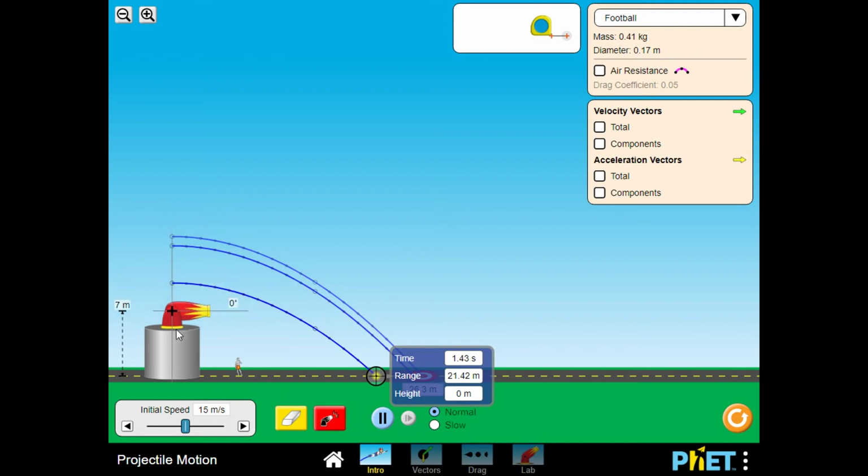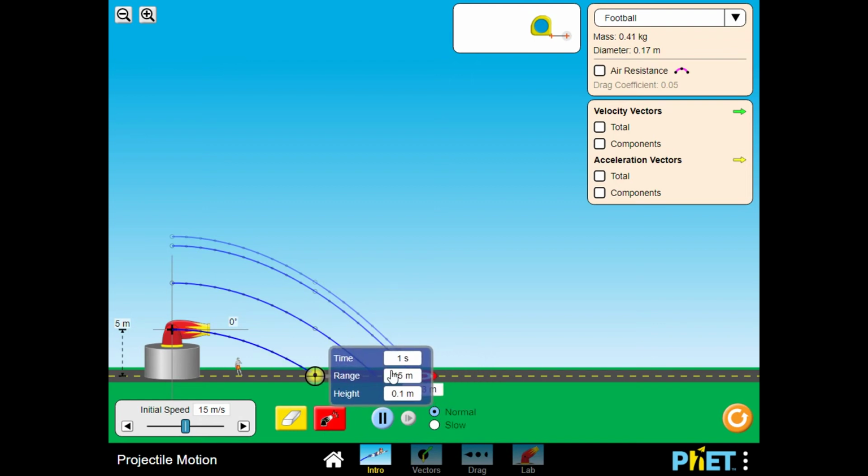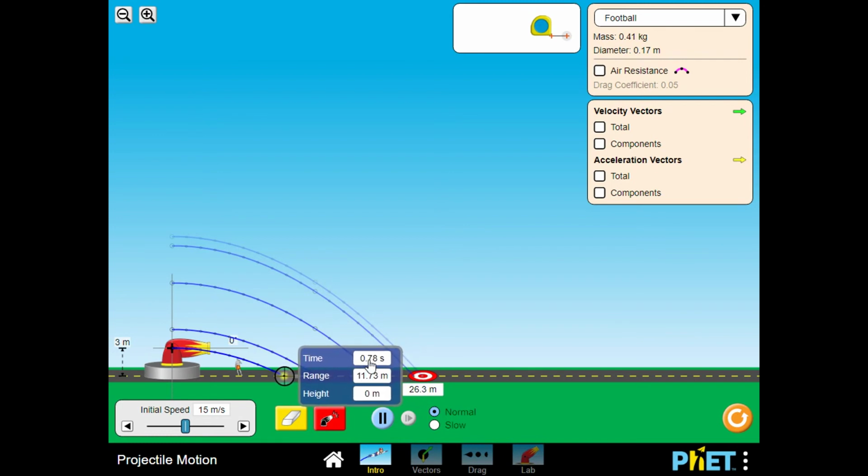Again we decrease the height to 5 meters above the earth's surface, and the flight time decreases. Again at 3 meters, the range and the flight time also decrease. At nearly 2 meters, the height of the man projecting, the range is 9.58 meters and the flight time is 0.64 seconds.